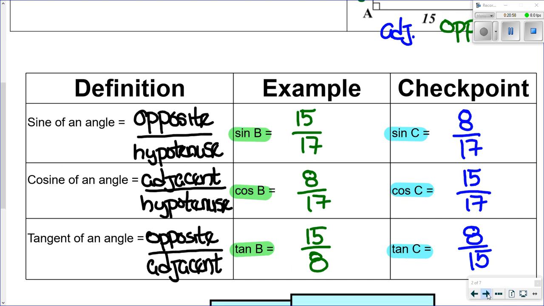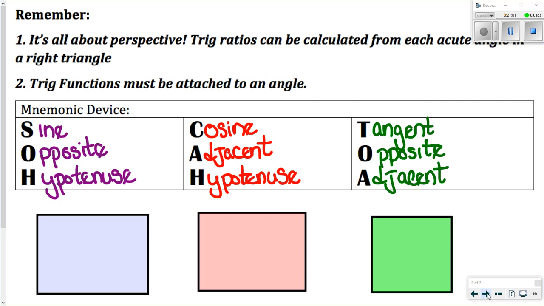And if you cannot remember that right off the bat, SOHCAHTOA is a mnemonic device that you can use in order to remember what trig ratio you're using, and what are the sides that are related to that angle. So SOHCAHTOA.